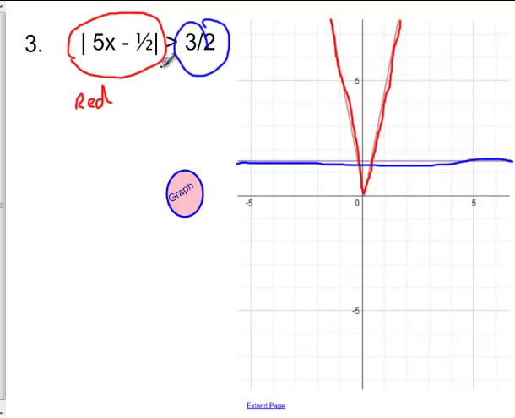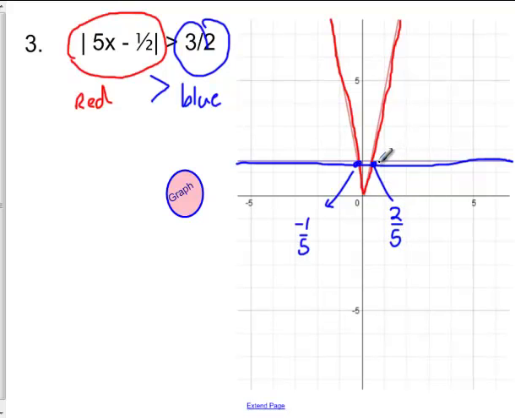And the question asked me, where's the red graph above the blue graph? Well, these points where they cross out right here, you just found out. Those were the points negative 1/5 and 2/5.